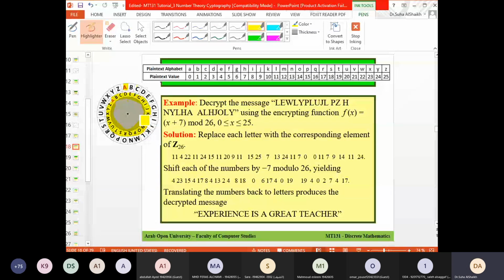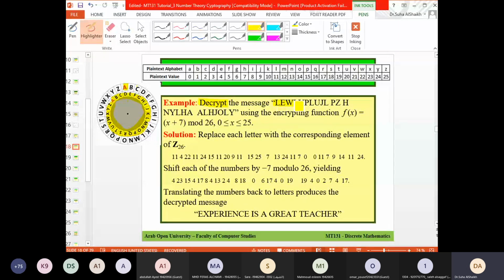We reverse it and go back. So here decrypt, of course the same table. This is the same table. So check this example. Now decrypt this message.